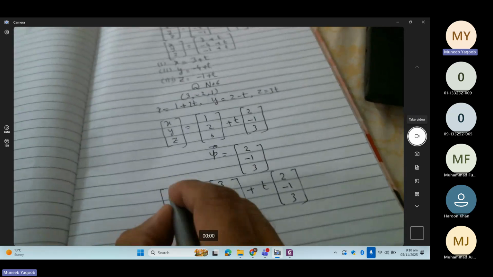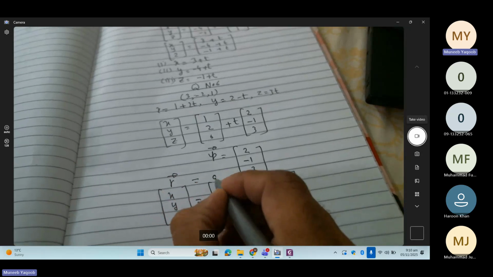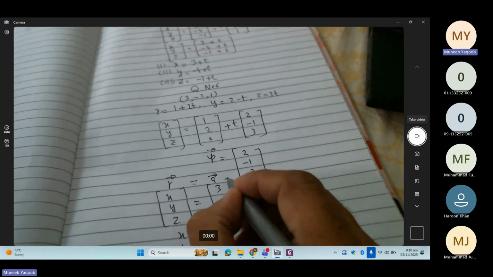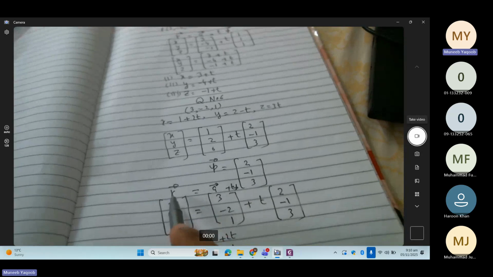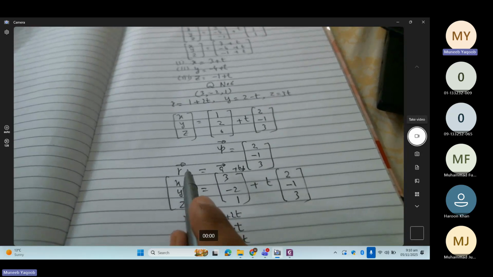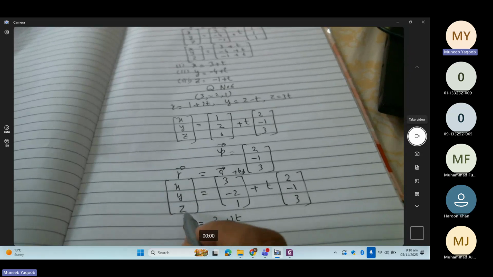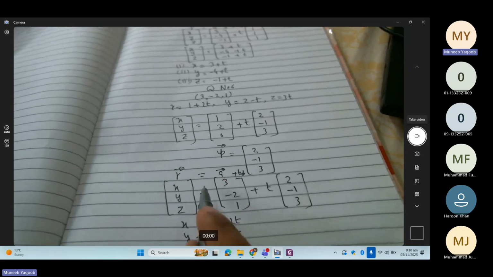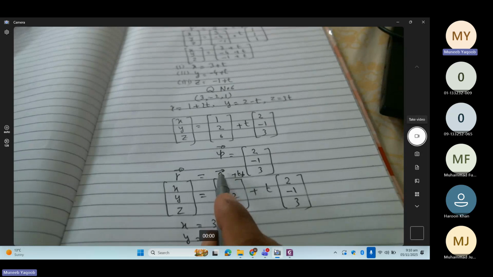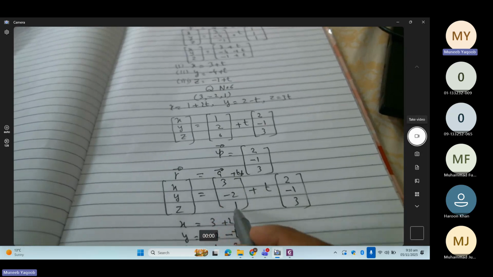Now finally, we used the vector equation r equals a plus tp, which tells us that the vector equation of any straight line is the position vector r, which is (x, y, z), equal to a plus t times the direction vector p, where a is the point through which the line is passing.